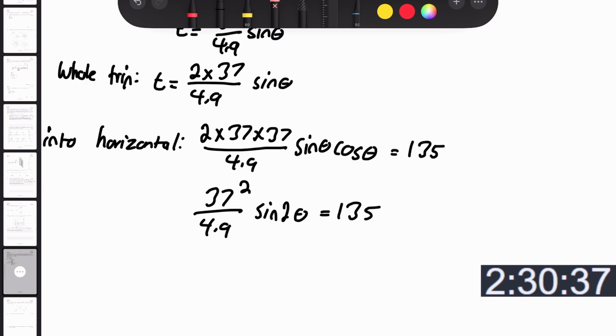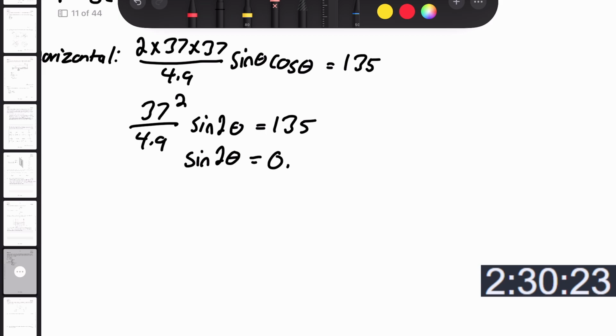And then sine 2 theta is going to be 135 times 4.9 divided by 37 squared, which is 0.4832. So then 2 theta is equal to inverse sine of 0.4832.